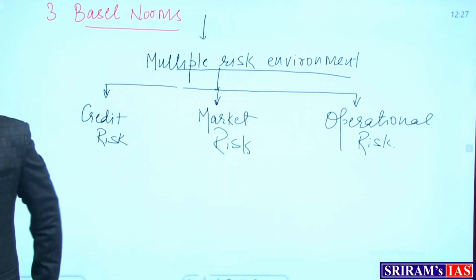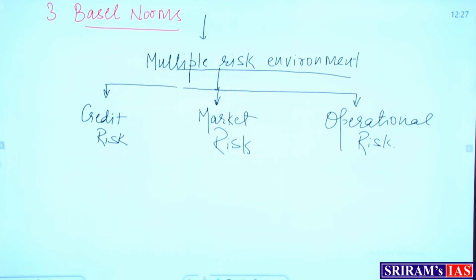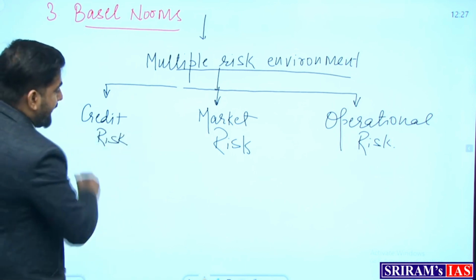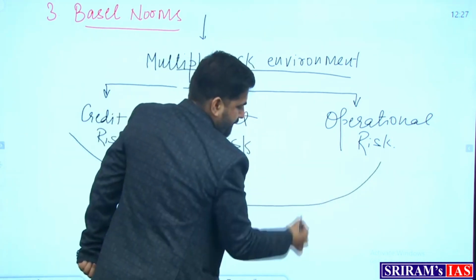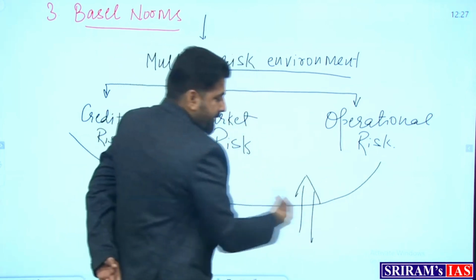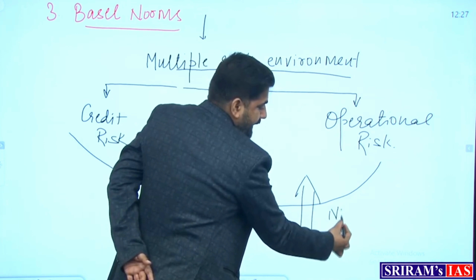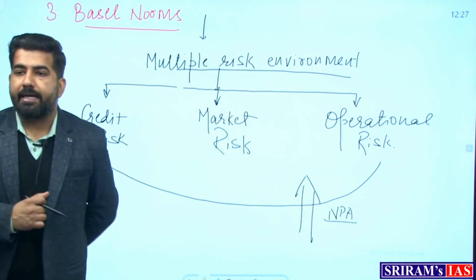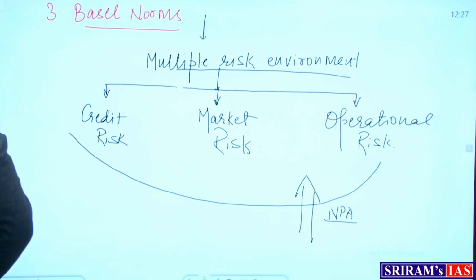So now suppose, try to understand, a bank which is operating in a multiple risk environment and giving a loan, if it doesn't come back, if that asset doesn't get paid, that asset will turn into NPA. But more importantly, when that asset turns into NPA, fine, the bank's capital will reduce.